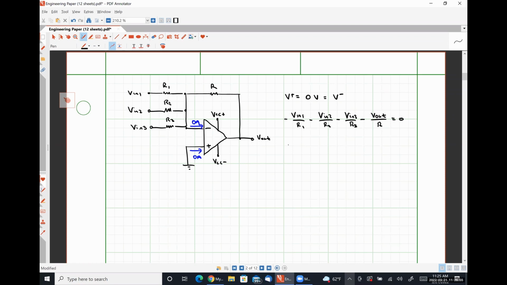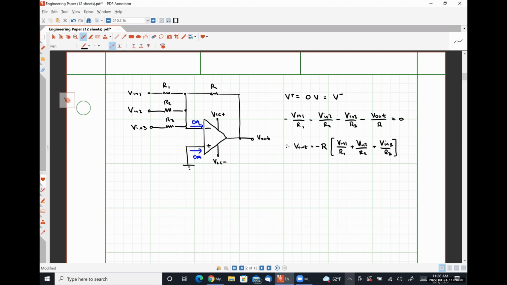And from this, our output voltage Vout is simply negative R times (VN1 over R1 plus VN2 over R2 plus VN3 over R3).